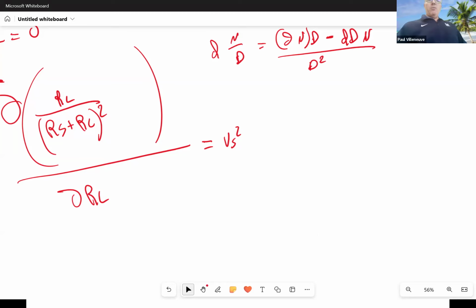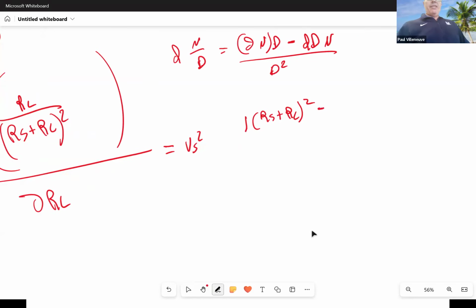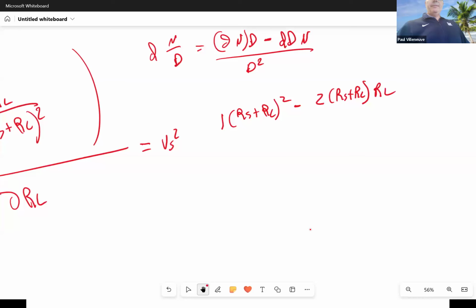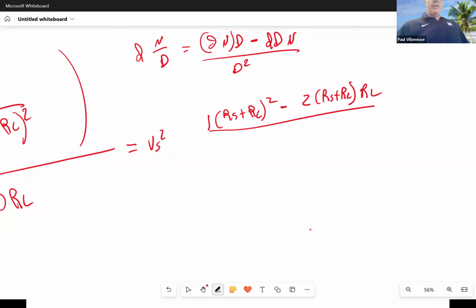So that's going to be equal to 1 times RS plus RL squared, right? Minus 2 times RS plus RL times RL, all over RS plus RL squared.